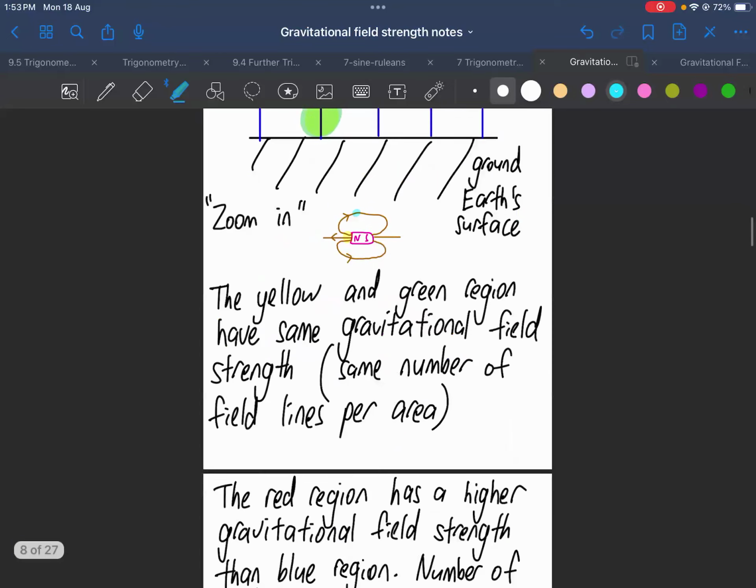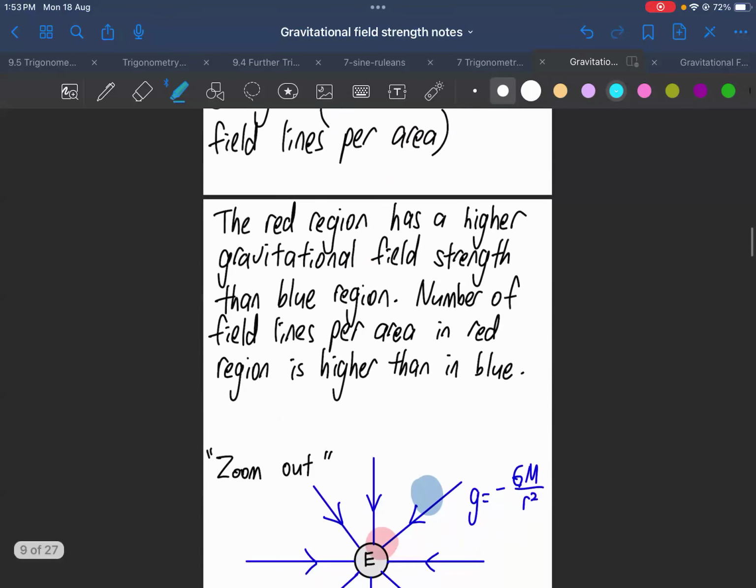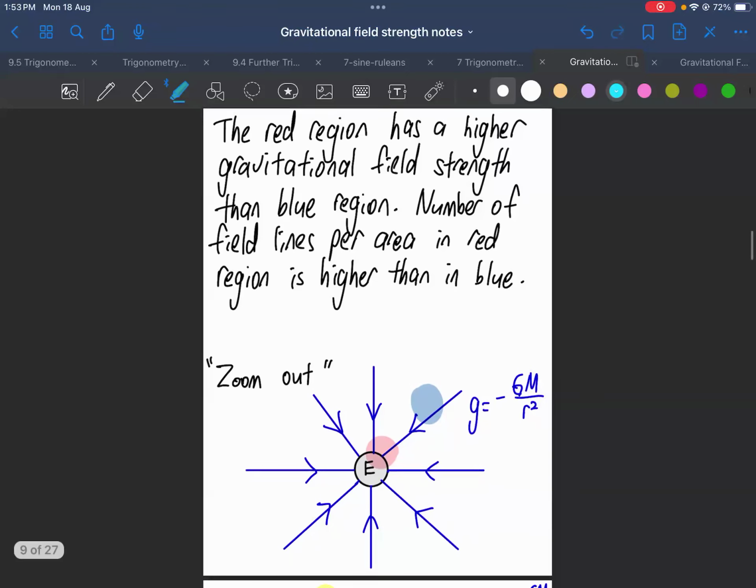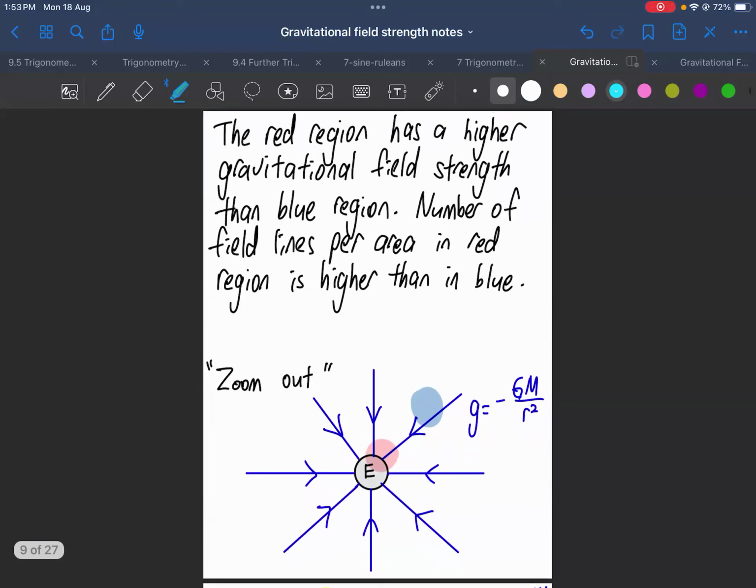And in this case, the red color region has a stronger gravitational field strength because you see in the red color region, the field lines are so close together. But in the blue color region, the field lines are so much further apart.